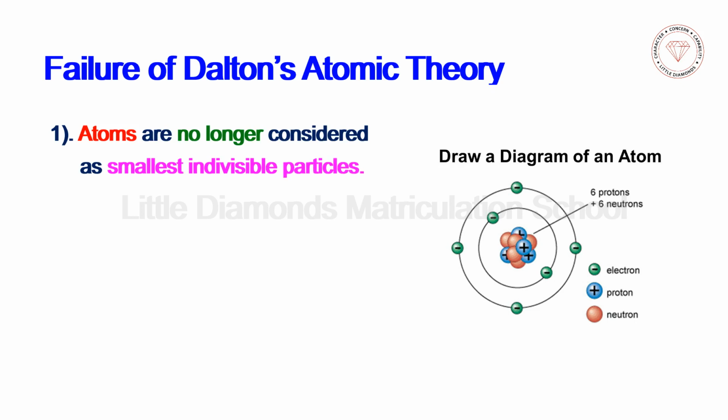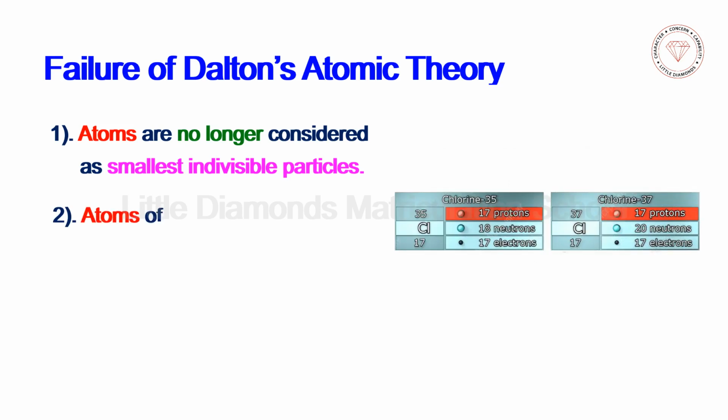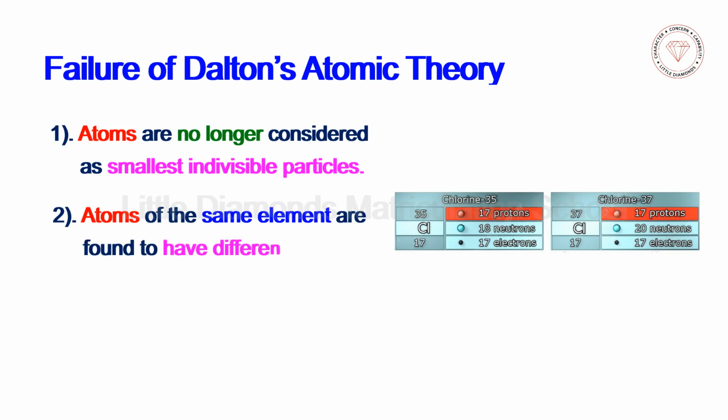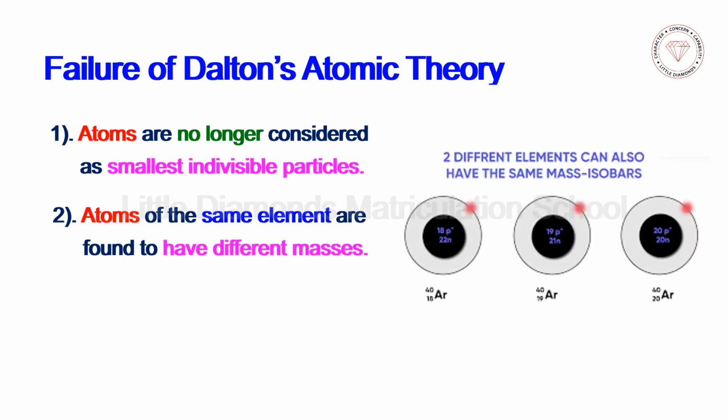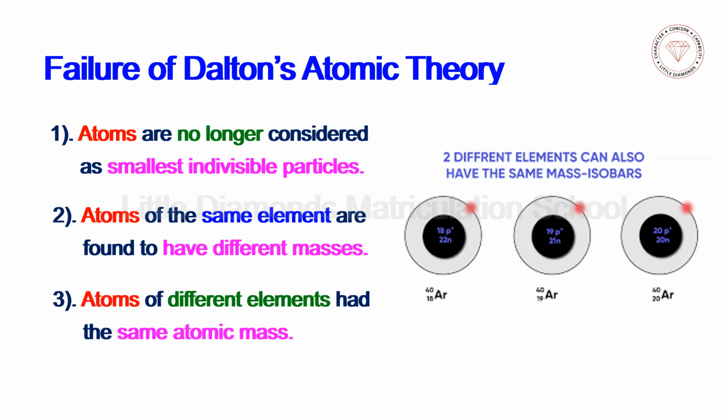After the discovery of isotopes, that is, atoms of the same element having different numbers of neutrons in the nucleus, atoms of the same element are found to have different masses. After the discovery of isobars, it was found that atoms of different elements had the same atomic mass.